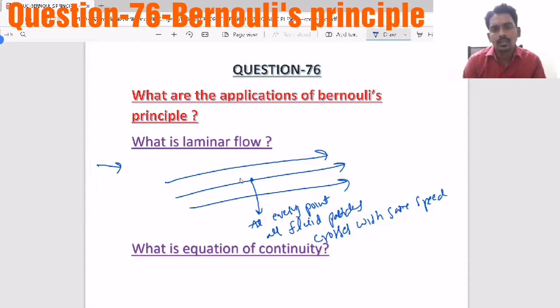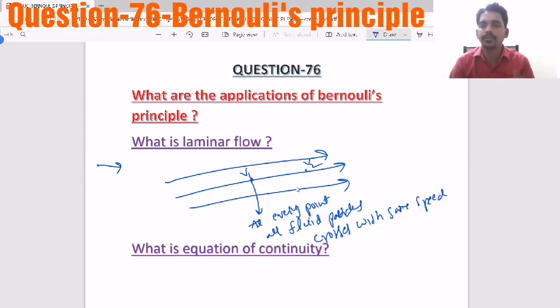Like here the speed is v1 for one particular particle, then the same speed must be there for each and every particle crossing that point. Now when they reach the other point, the speed may become v2. But each and every particle at this point crosses with the speed v2. So that kind of flow we call laminar flow.